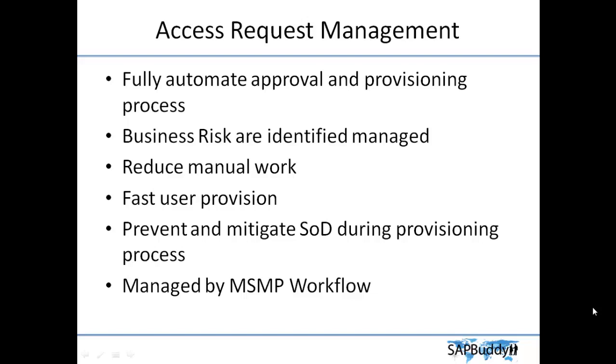User provisioning is very fast. As soon as the request is approved, the user will be provisioned in the backend system within a fraction of seconds if it is automated provisioning, and the user will be notified by email that they are provisioned.